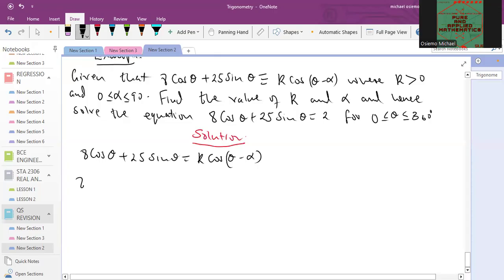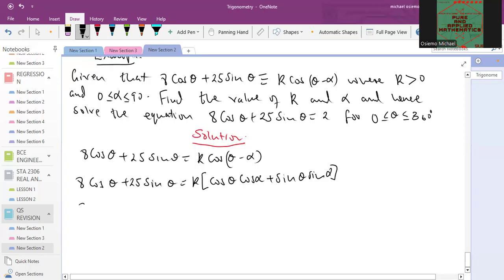So we're going to have 8 cos theta plus 25 sin theta is equal to R. When we expand cos theta minus alpha, we're going to get cos theta cos alpha plus, remember we said if here it is plus, this will be minus, if this one is minus, this will be plus, sin theta sin alpha.